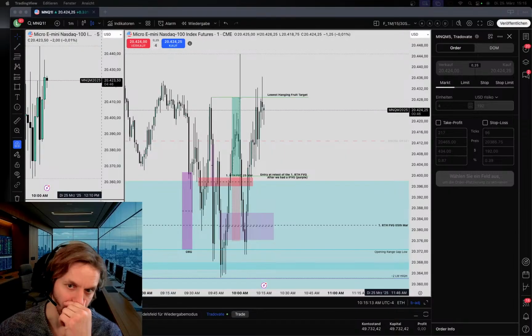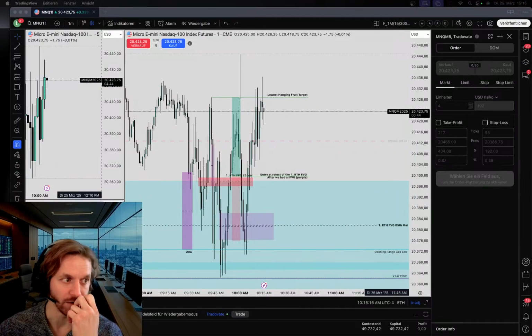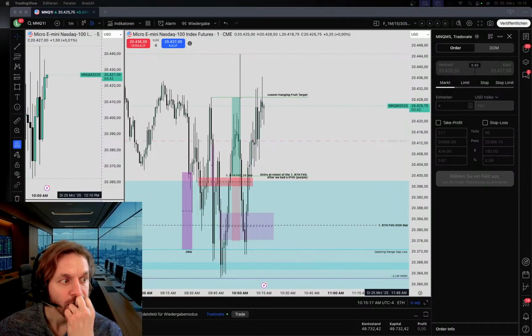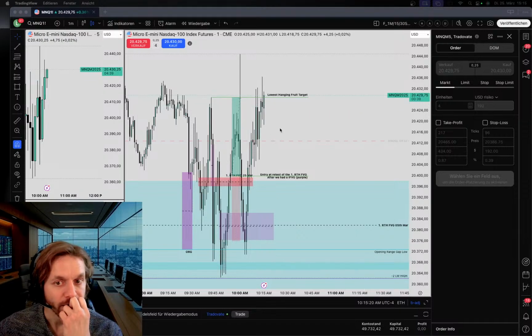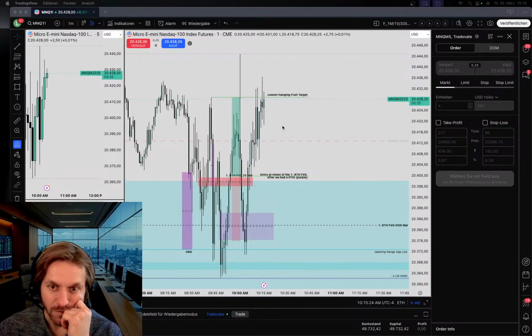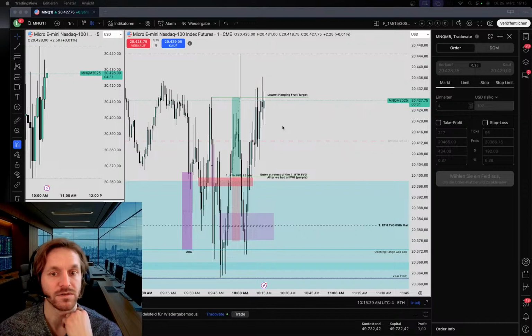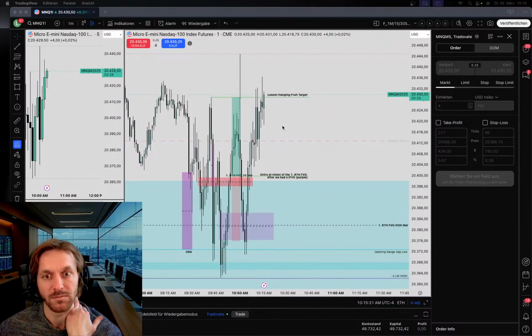So we're not even near to the 500 ATR. I do not think we have to reach 500 points for the daily range, but I do think we will reach at least 300. Like 100 points would be miserable.